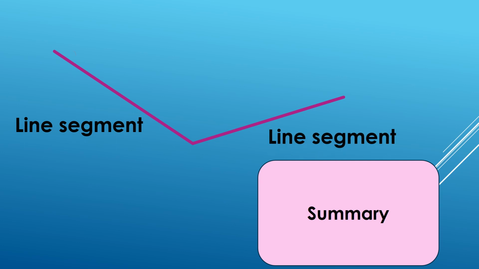Now, that's another line segment, and who remembers what we call the space between the two line segments? Perfect, it's an angle. So whenever two line segments meet at a point, they form an angle.